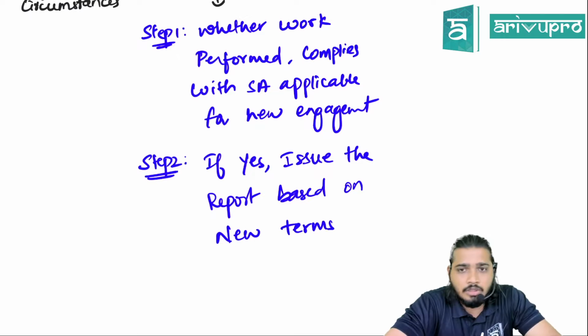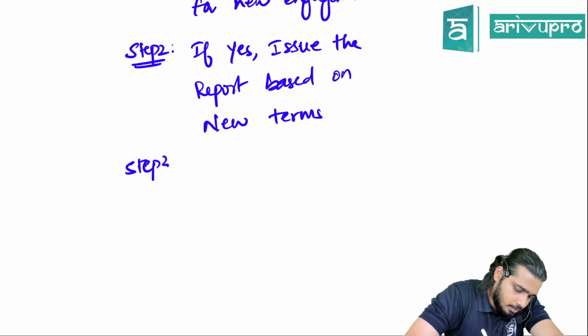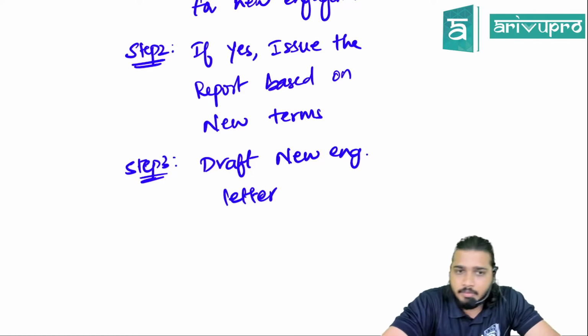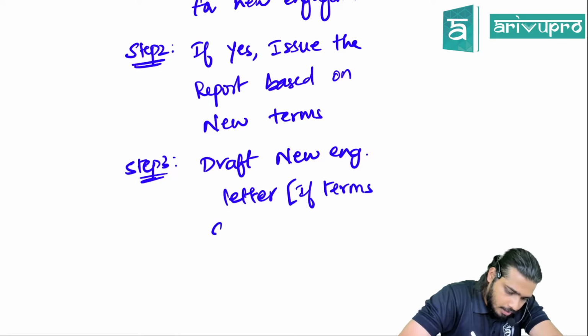Based on what terms? New terms. Now, step 3. Draft new engagement letter. Draft new engagement letter. Understood? Clear? Yes? If terms are changed.